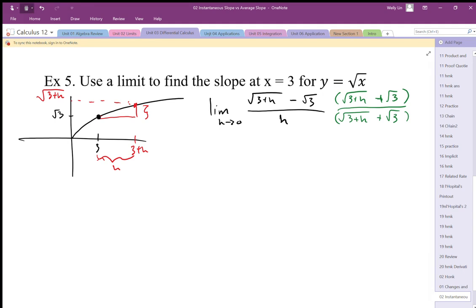Okay, so that's kind of the main issue. We'll see what happens from there. So I'm going to end up with 3 plus h minus 3, squared minus squared, and h times root 3 plus h plus square root 3.